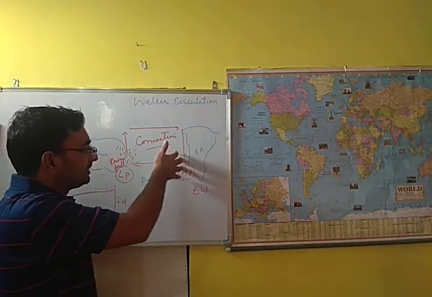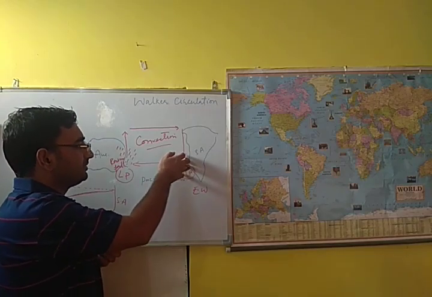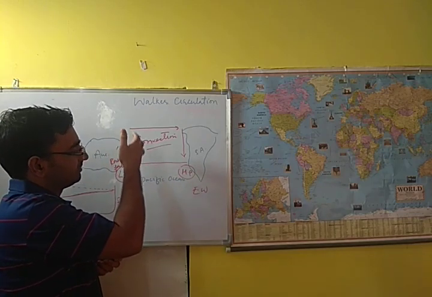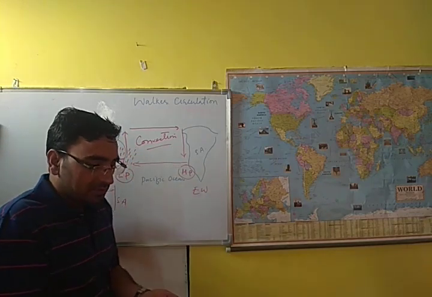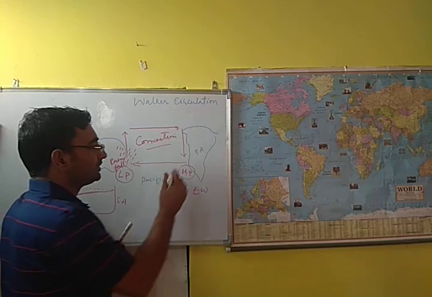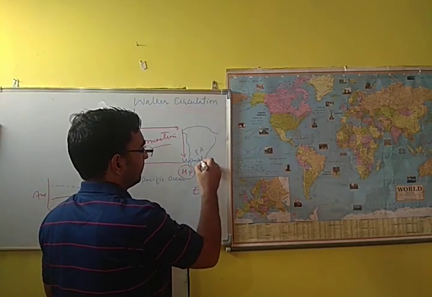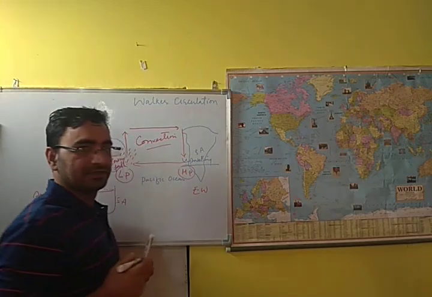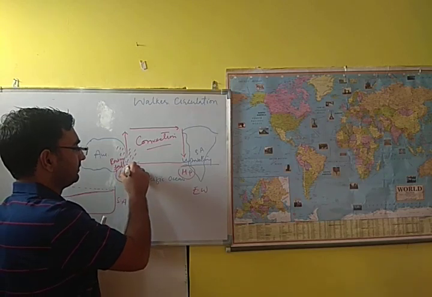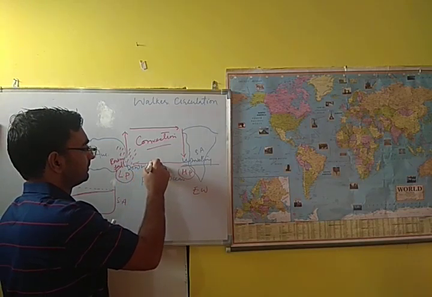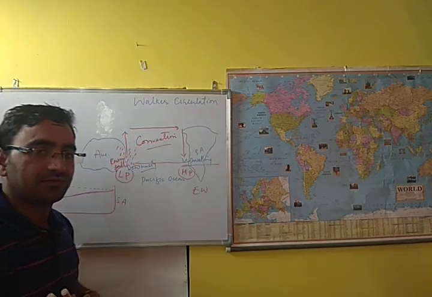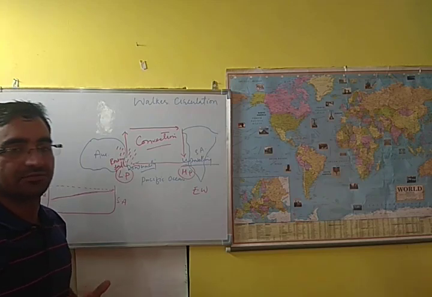When this water is being pushed towards the western part of the Pacific Ocean, the water from the bottom will come to occupy the space. So there will be a huge upwelling here. Now the extra water is being pushed here, so there will be what we call downwelling on this side. So this is the normal cycle of what we call Walker circulation, which was discovered by Gilbert Walker.